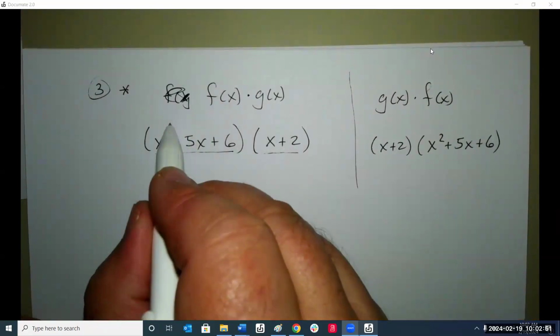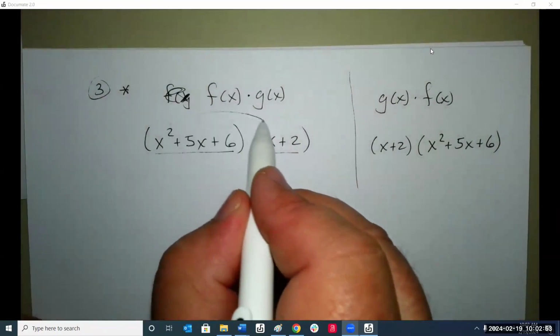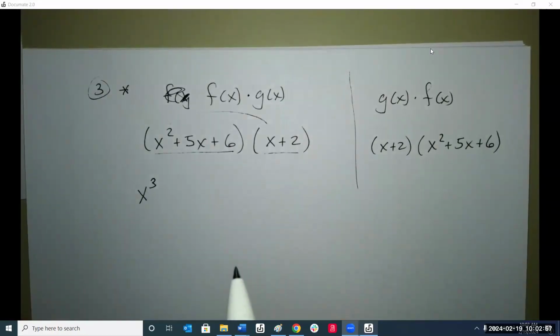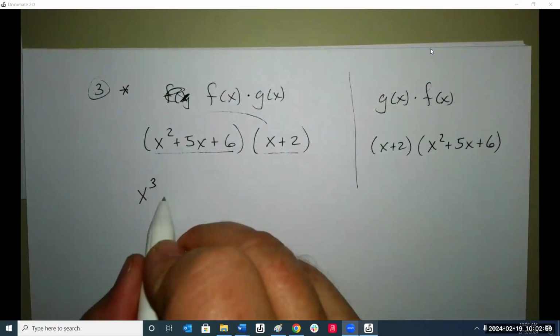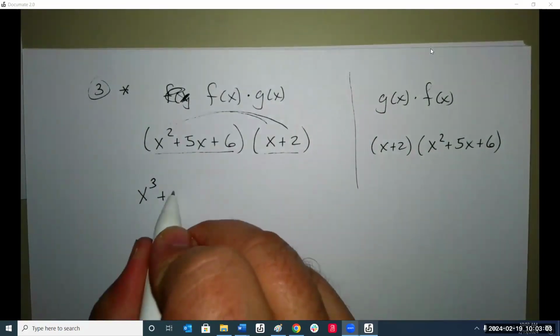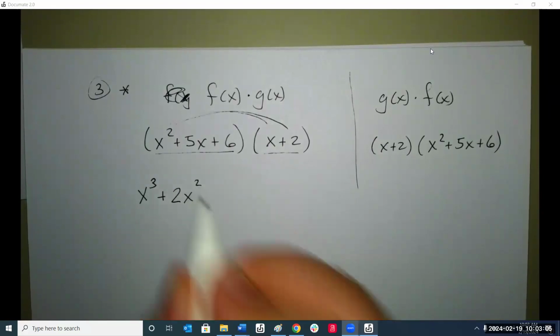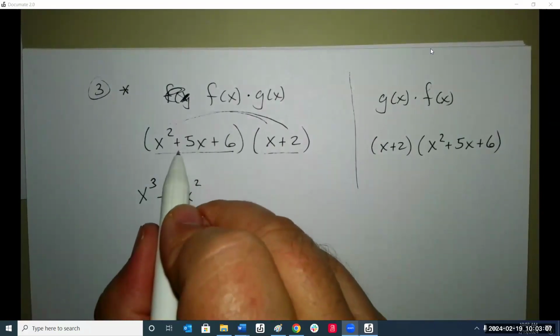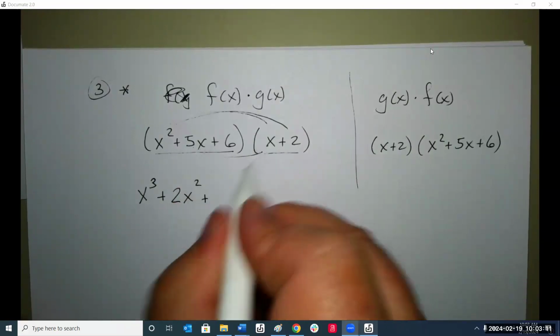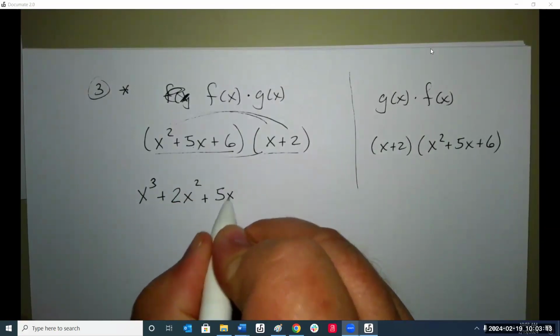Distributivity, pretty much. So x squared times x is x cubed. Positive and positive is a positive. x squared times 2 is 2x squared. Positive times positive is a positive. 5x times x is 5x squared.